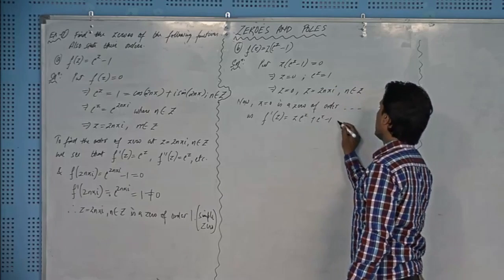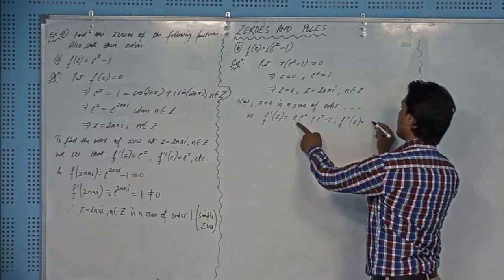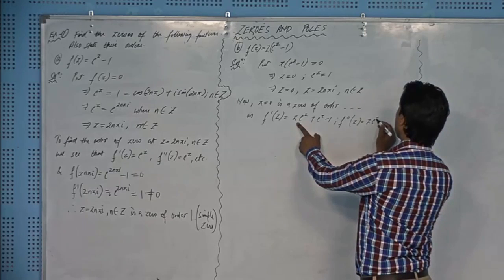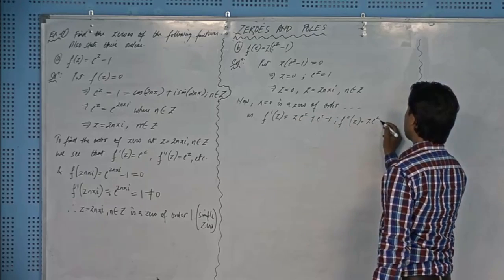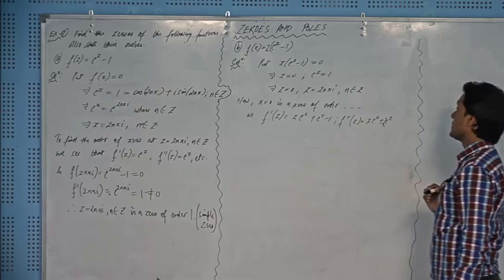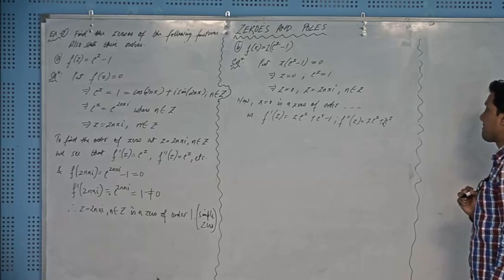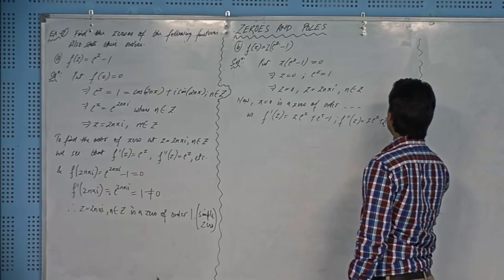This will be its derivative. Second derivative, f double dash z, that will be z e to the power z and then e to the power z and then e to the power z. I think it will become twice of e to the power z plus z e to the power z, right? Okay. Etc.